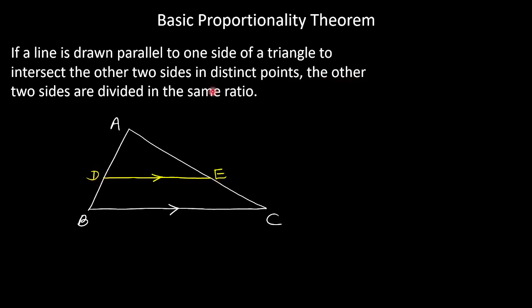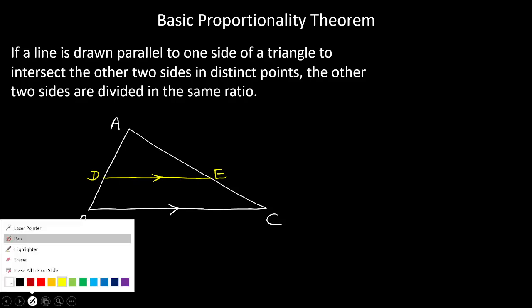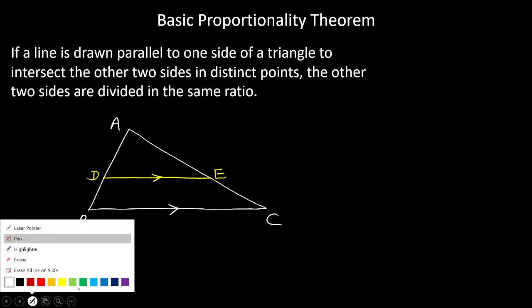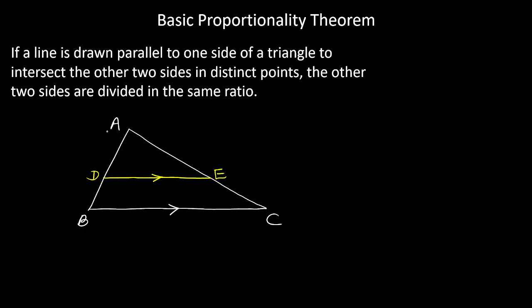The statement says that the ratio will be the same. In two ways we can write the ratio. One is left side ratio equal to right side ratio. I will definitely repeat, don't worry.